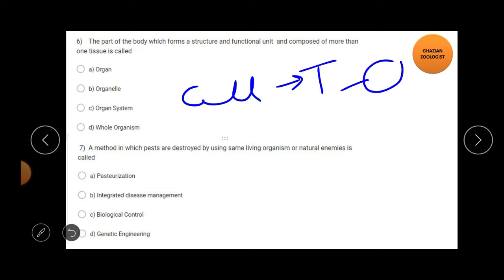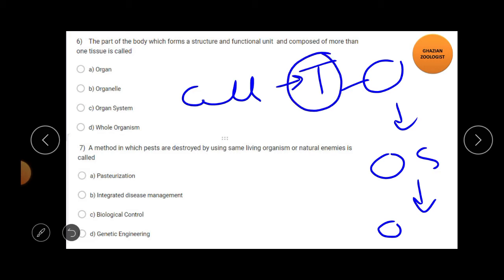When a lot of tissues combine with each other, they form an organ, and after that an organ system is developed, and after that a complete organism is developed. So our right option is organ.